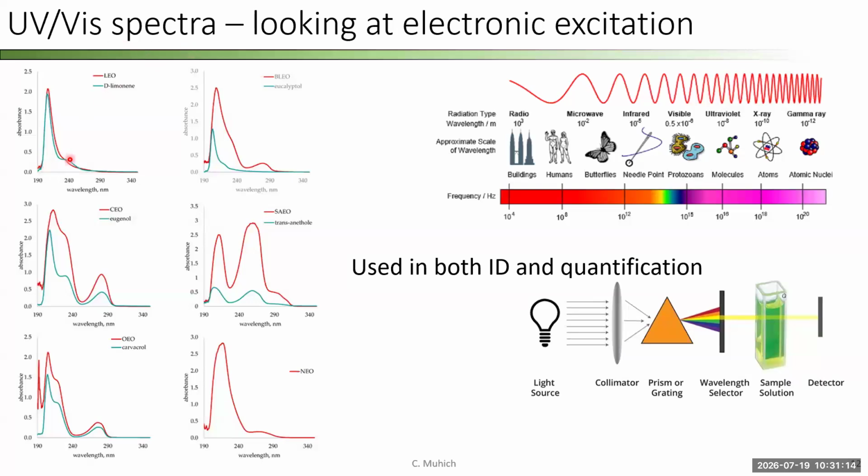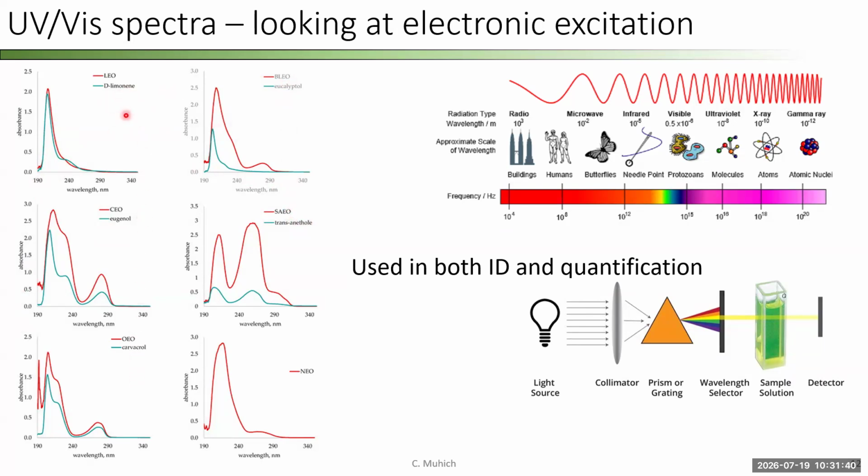So this is going to look just like we had before. We're going to have wave numbers at the bottom, either absorbance or transmission on the y-axis, and we see these peaks.